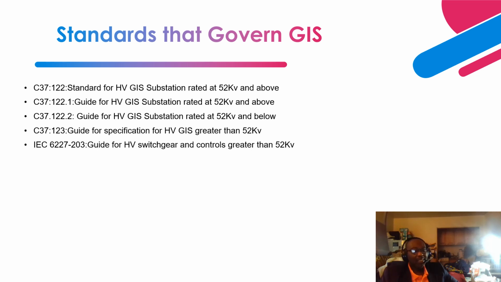Okay. Then C37.123 is how to specify all the things that you need to specify for a high voltage GIS that is greater than 52 kV. Then last but not the least are the IEC comparable standards that also are a guide for high voltage switchgear and the controls for 52 kV and above.